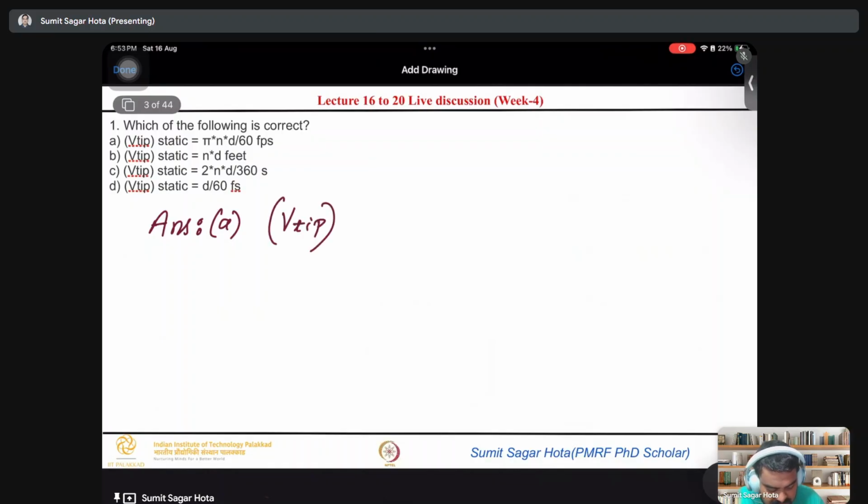B: tip static speed is equal to pi N D by 60. FPS means feet per second.